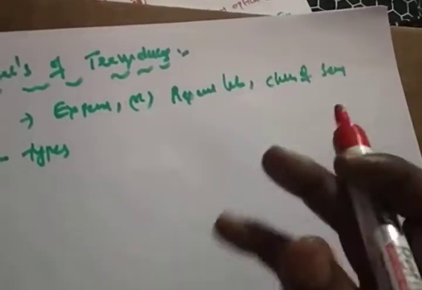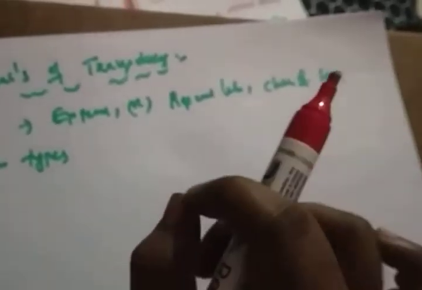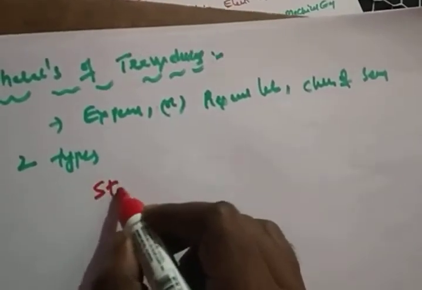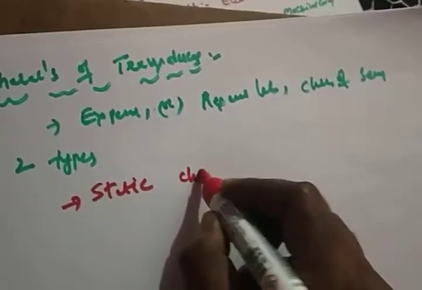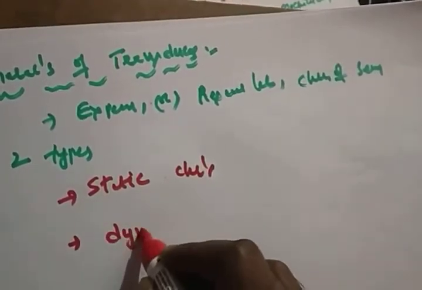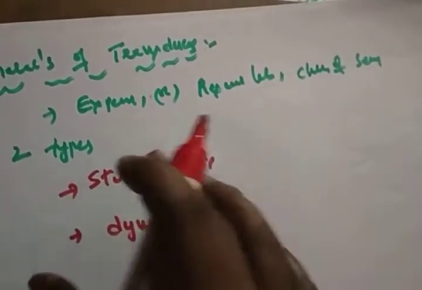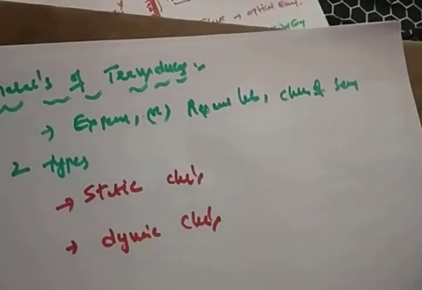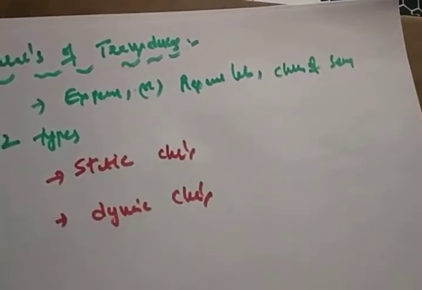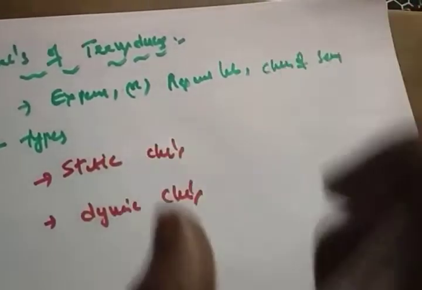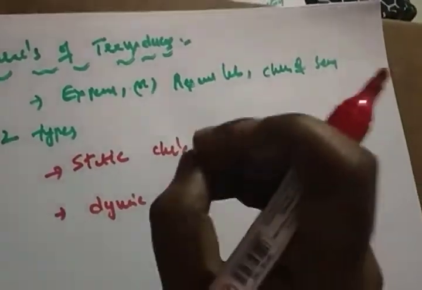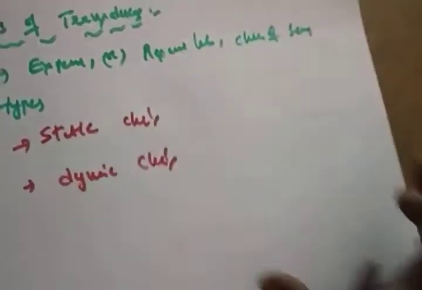Each and every instrument has static characteristics and dynamic characteristics, and the same characteristics will repeat here, because the transducer is nothing but an instrument. But I just want to give a brief review of these two types of characteristics.